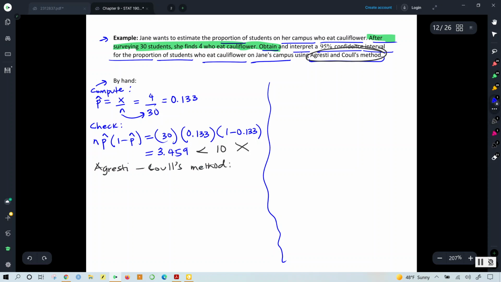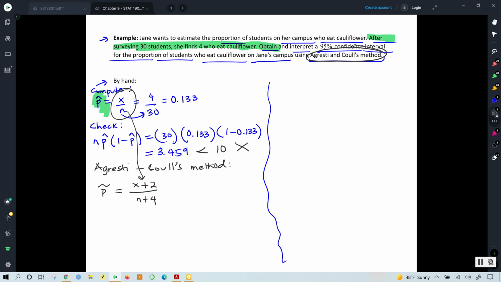Rather than use p hat in this case, it uses p with a tilde. And this is defined as x plus 2 all over n plus 4. As you might observe, that is a slight adjustment to the initial formula for p hat.